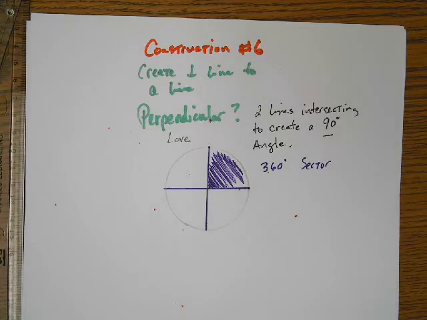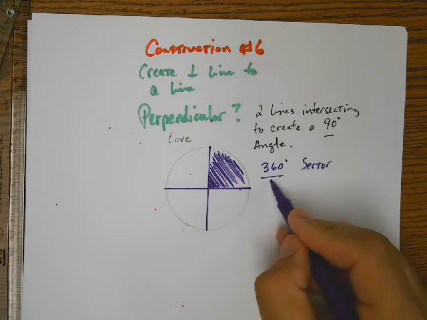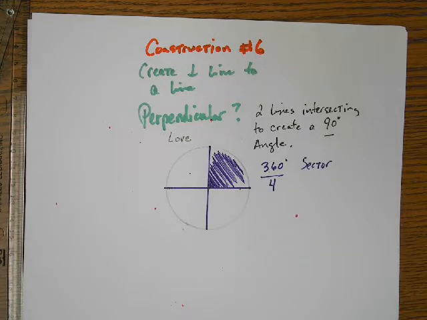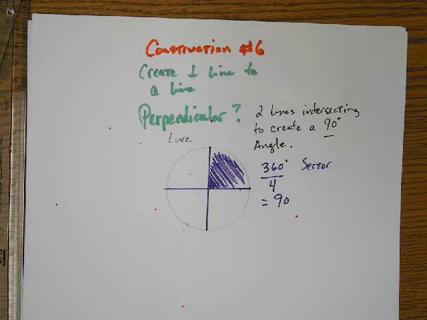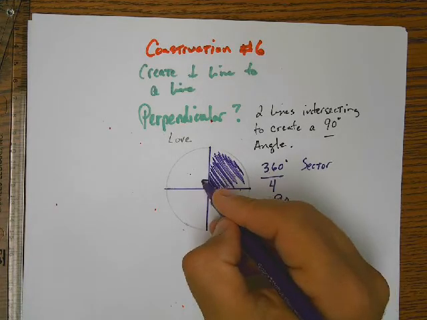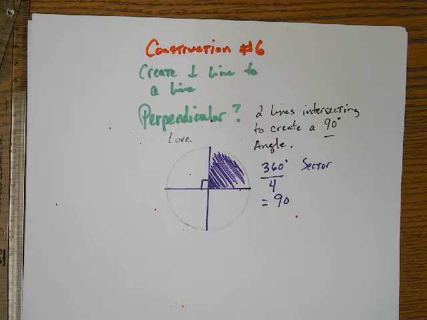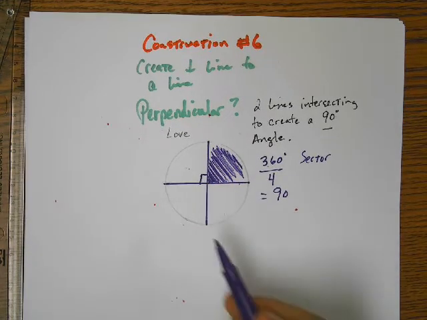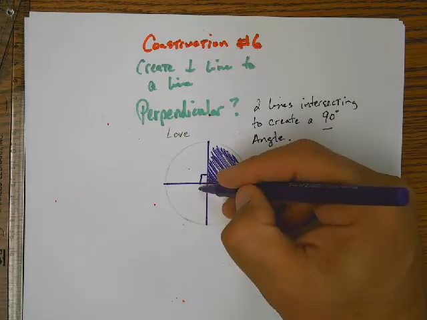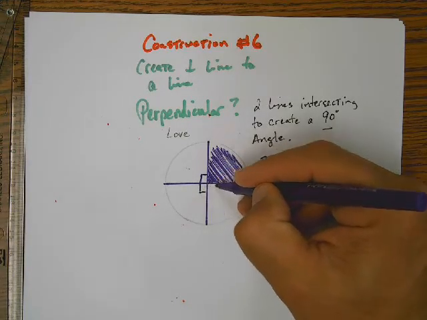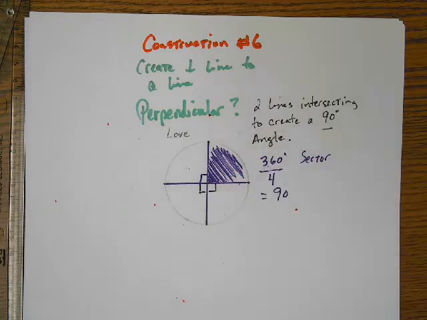The sector, that's 1/4 of it. So if we divide 360 by 4, what do we get? 90 degrees. That also means it's perpendicular. We use that little symbol there. It looks like a little square or a little box. If one of them is 90 degrees, then all 4 of them are 90 degrees. Does that make sense?